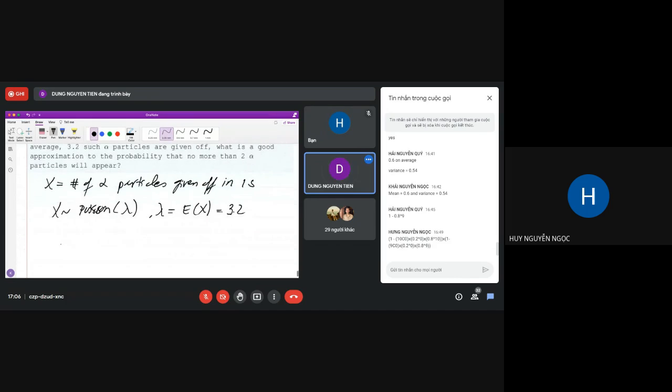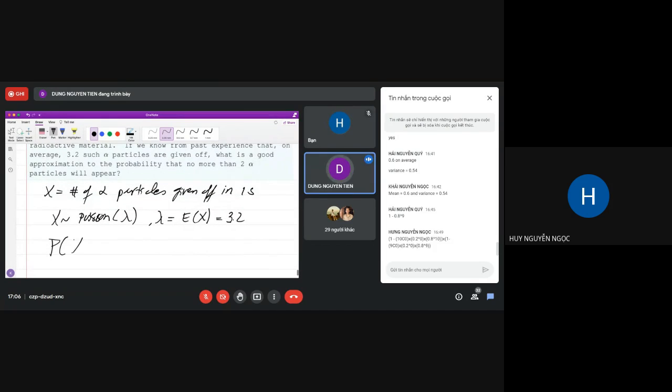Now you want to find the probability that X is less than or equal to 2. That would be e to the power minus 3.2 times 3.2 to the 0 over 0 factorial for the probability that X equals 0, plus the terms for X equals 1 and X equals 2.